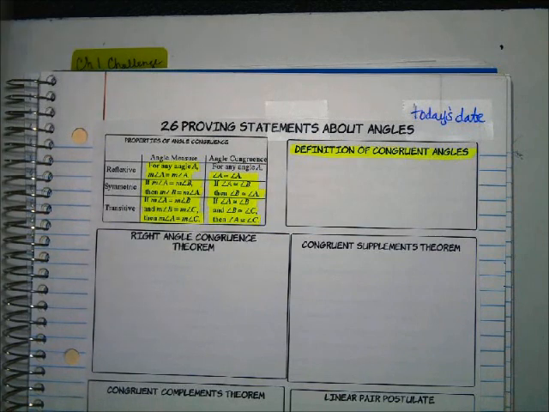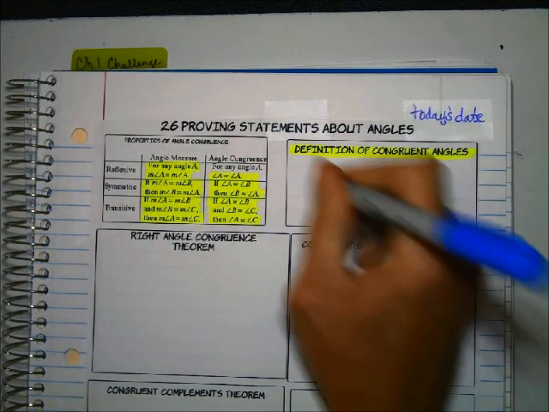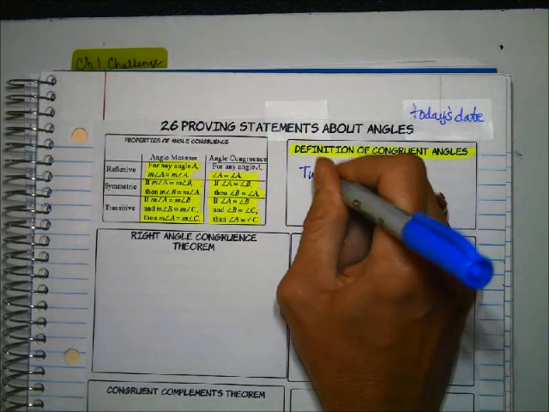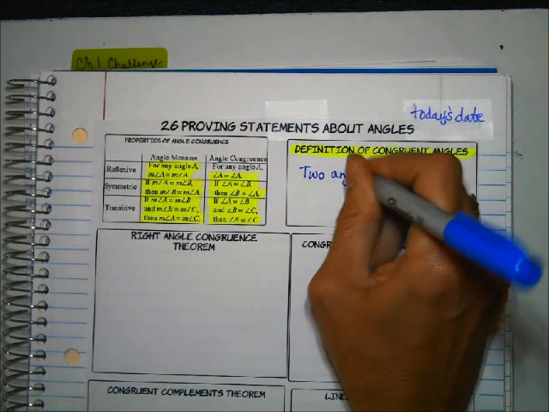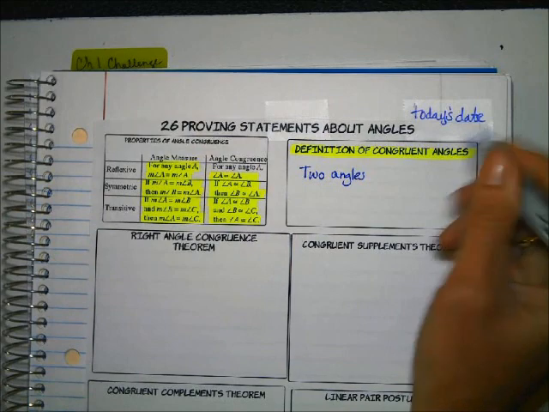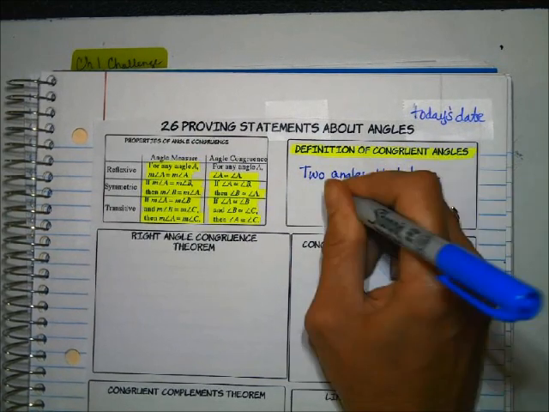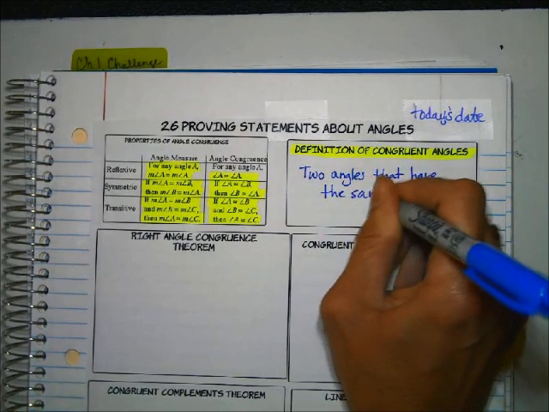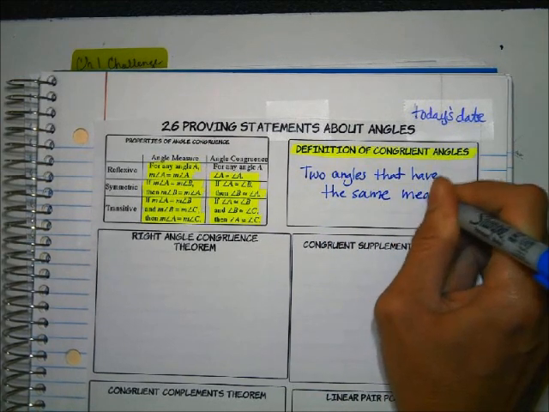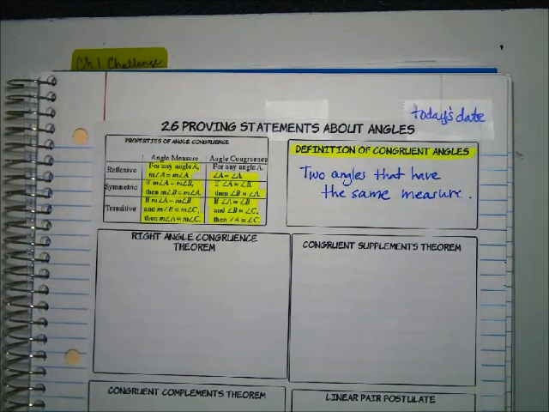The definition of congruent angles says that two angles are congruent if they have the same measure. So if the angles are congruent, then by definition we know that their angle measurements are equal.